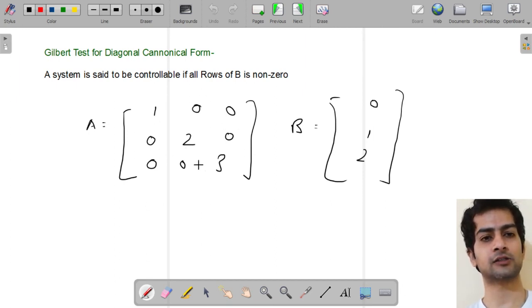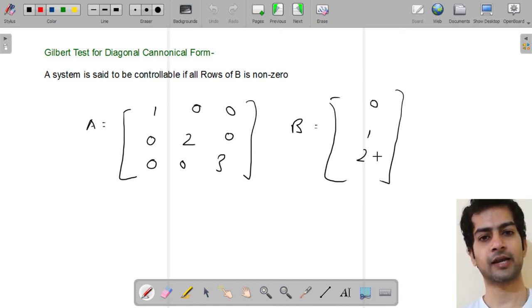If we have a matrix in the form of a DCF, then for it to become controllable, all rows of matrix B should be non-zero.